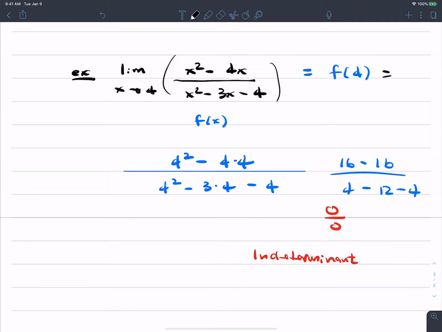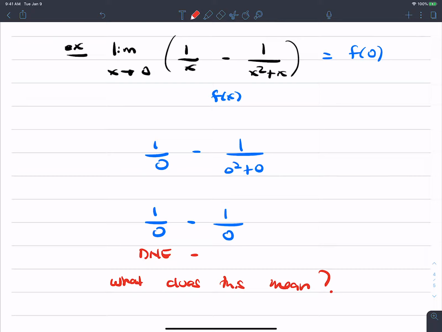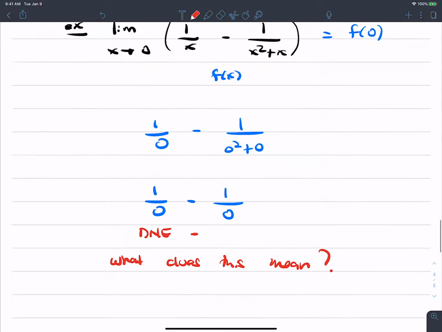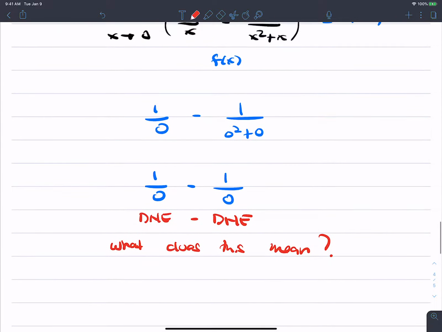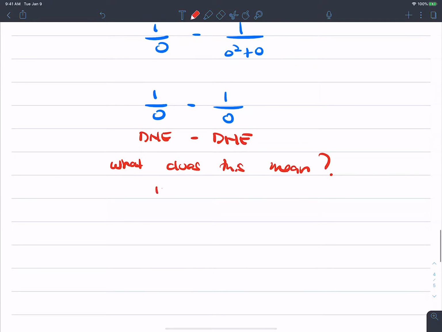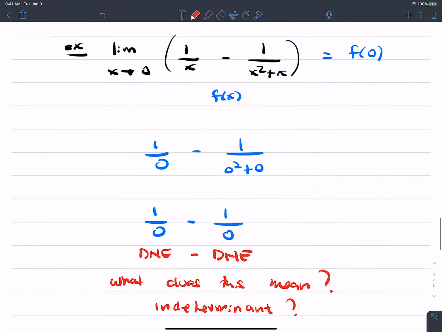Let me double check. We're going to have to take the limit of each one separately. So we did this, functional evaluation, direct sub, and we don't have an answer. So you go, okay, if we go to 0, this will be another does not exist possibly. Anyway, indeterminate. Don't know what this means. Can't determine.